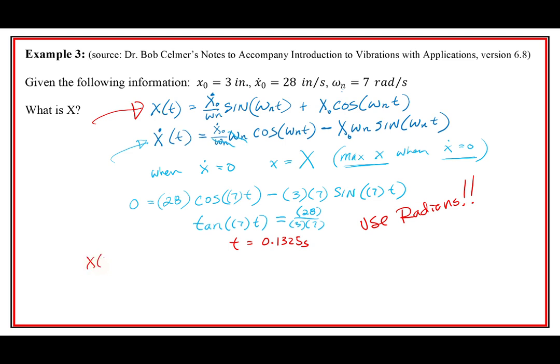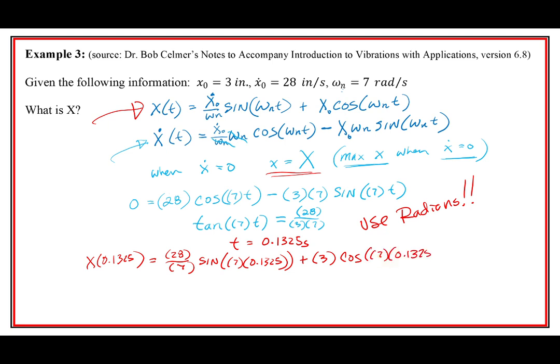So now we go back into this equation and write x of 0.1325, which should equal that big X. Remember this x dot naught: 28 divided by 7 times the sine of 7 times 0.1325, plus x naught, which is 3, times the cosine of 7 times 0.1325.